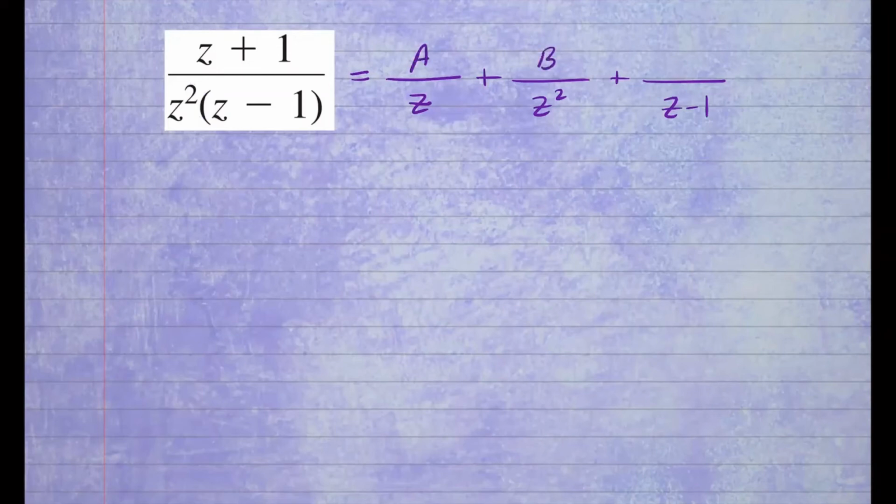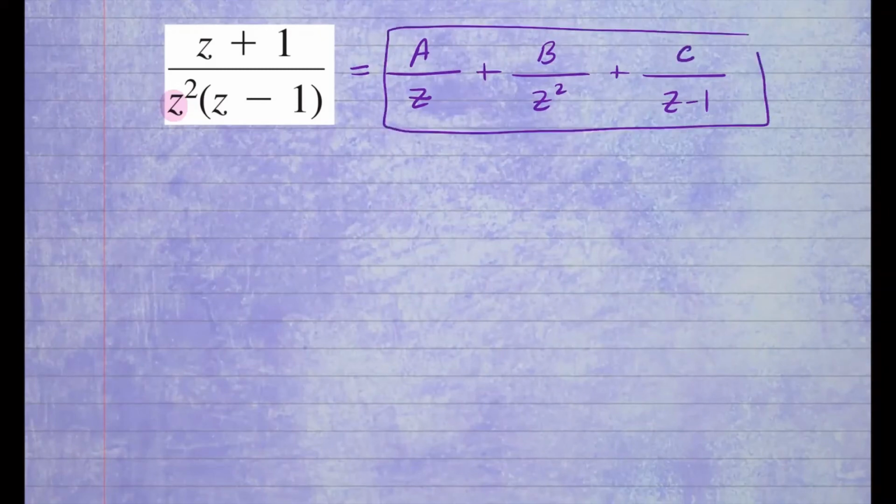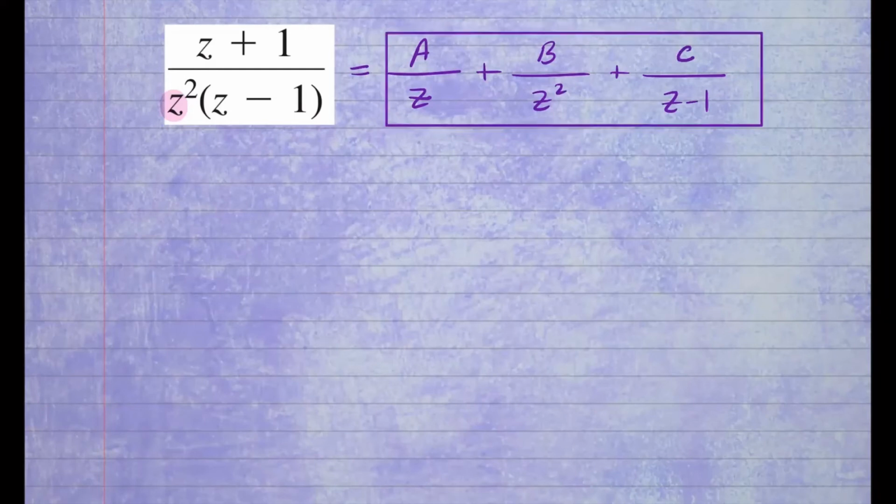This is B. Now you might say the denominator is quadratic, but it's not. It's actually this one that you're looking at, which is z, and it has a multiplicity of 2. But the parent factor you can think of is just a linear function. So in the numerator, we put B, a constant. And z minus 1, again, that's a linear factor, so this will be C on top. So there you have your partial fraction setup for this one.